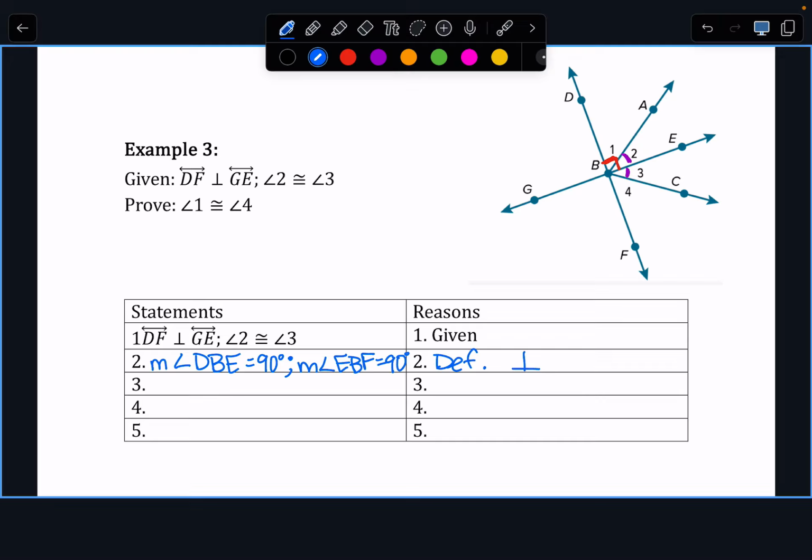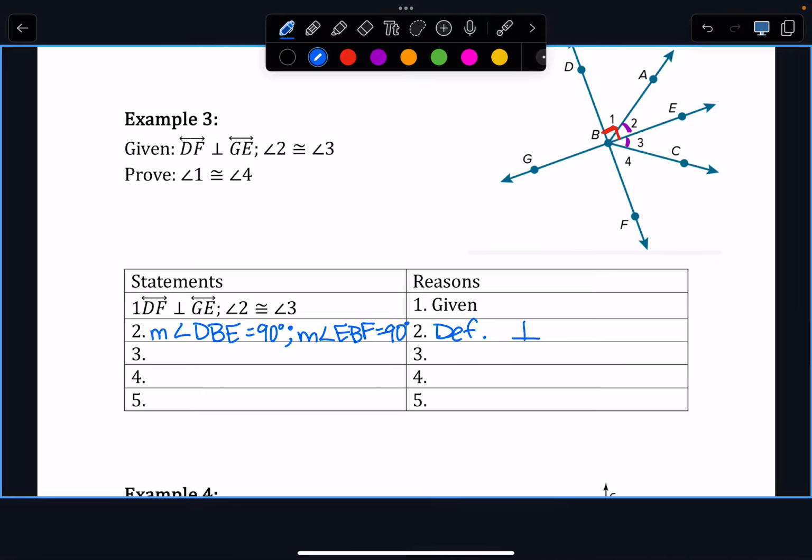Since we have these 90-degree angles, we can say the measure of angle 1 plus the measure of angle 2 is 90 degrees. And the measure of angle 3 plus the measure of angle 4 is 90 degrees.